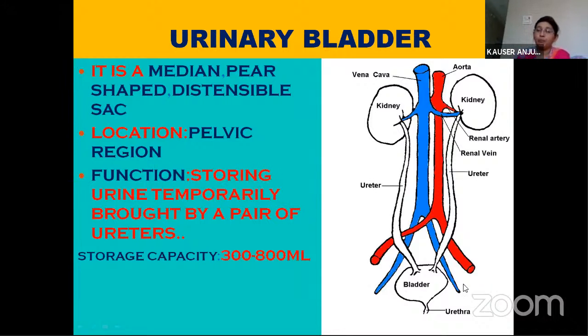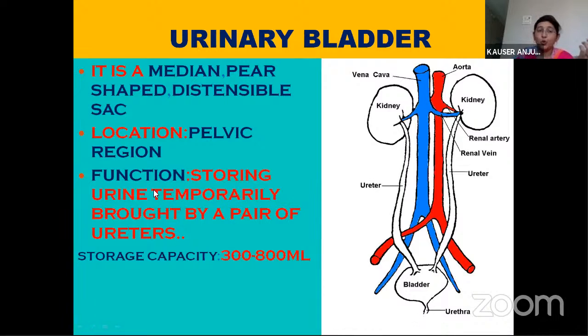Okay. So what is its function? What does the urinary bladder do? Kidneys filter the blood and prepare the urine. That prepared urine is taken by these tube-like structures called ureters and brought into the sac-like structure, which is called the urinary bladder. So what is the function of the urinary bladder? It stores the urine temporarily, not permanently, temporarily, so that it can release it out.